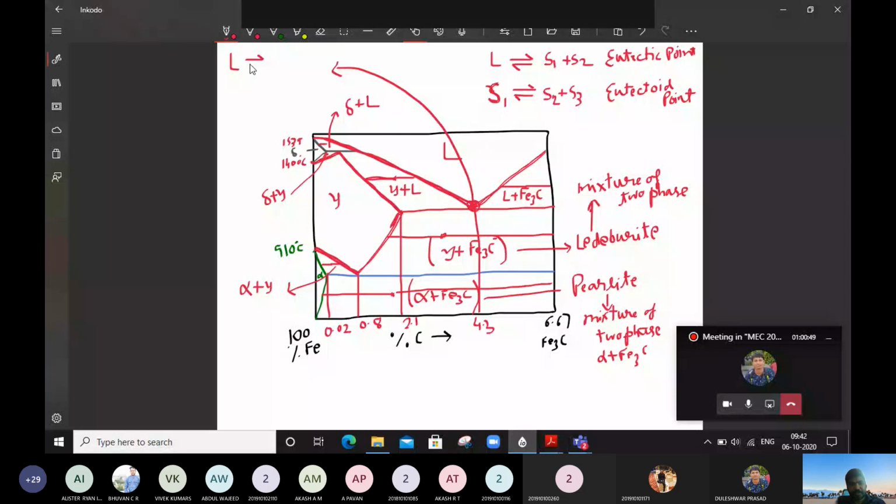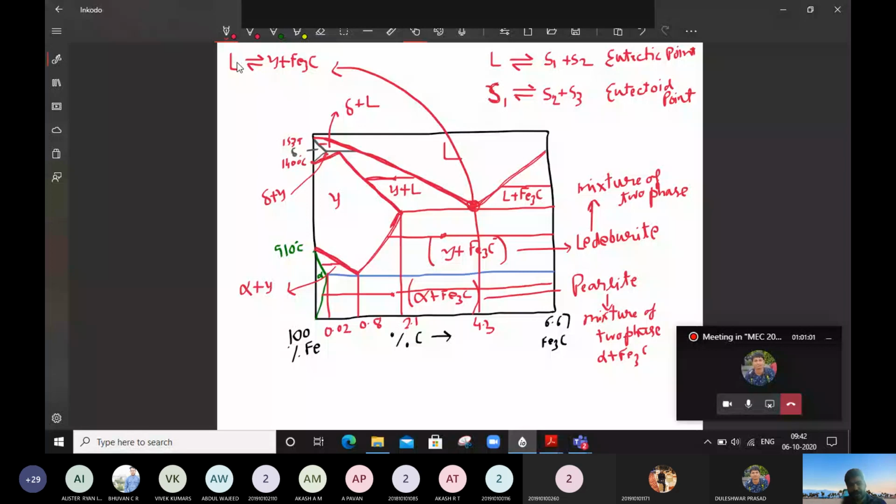Now tell me which point it represents. Eutectic point. Correct. Because here one liquid is going to give two solid phases. Remember, this gamma and Fe3C are solid phases.